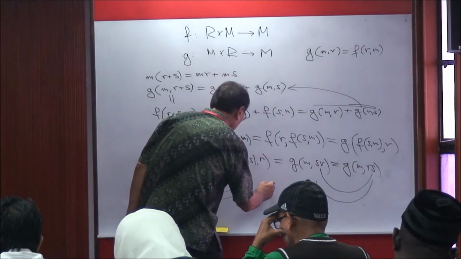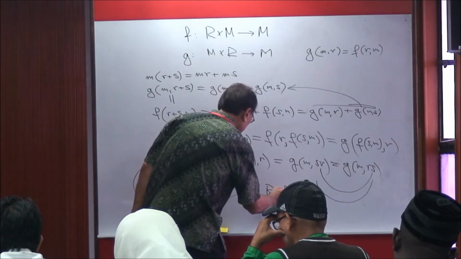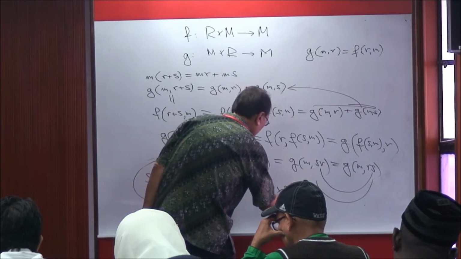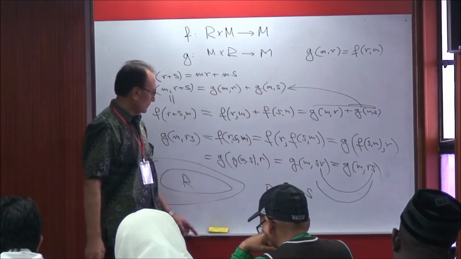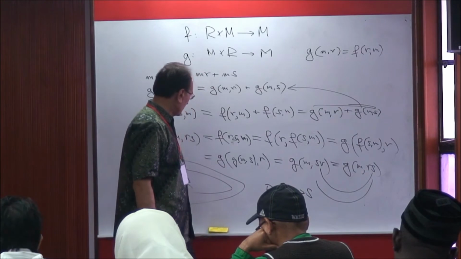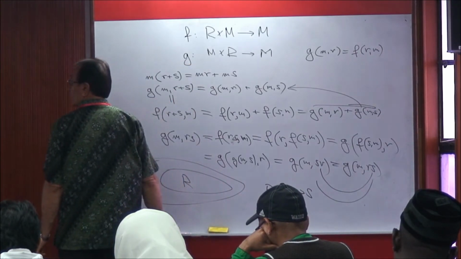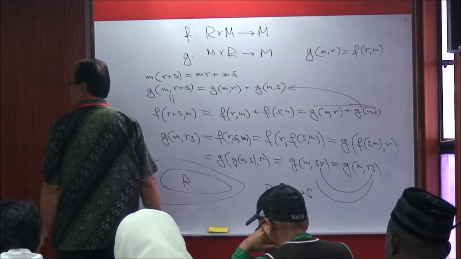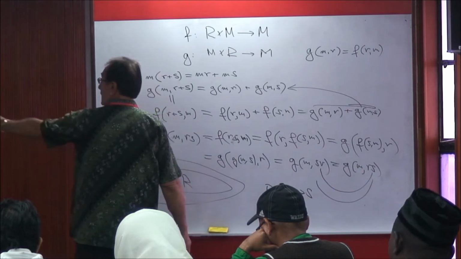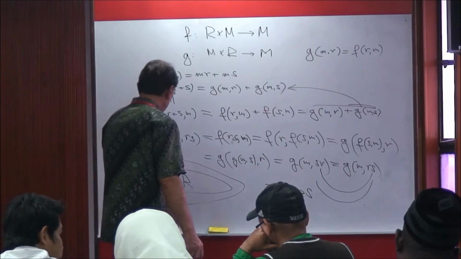You have r, s, and the result is of course in S. S is a ring and R is a subring, so you can just use the R module.